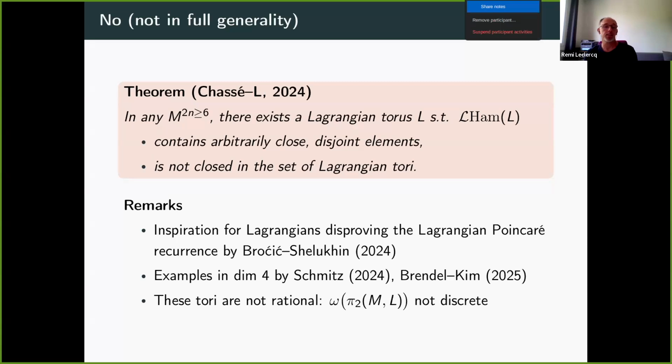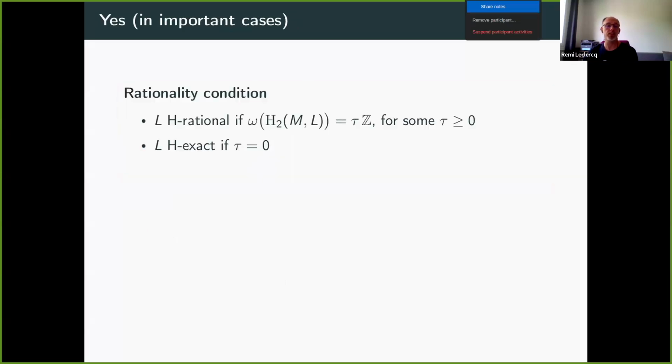And one last remark, which is really important even if technical: the tori we construct are not rational, right? The group of relative periods, the image of pi2 of M relative to L via omega, is not discrete. So this is going to be really important, so let me give you the actual condition we need. We need a variant of this. We are going to work with a rationality condition, which is a homological variant.